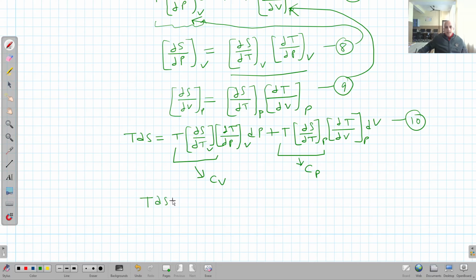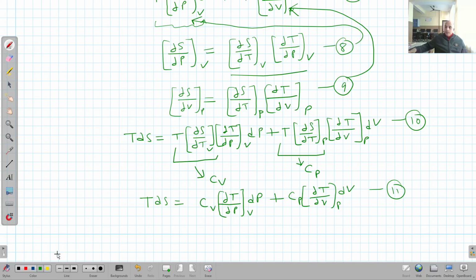Then I will get TdS is equal to Cv curly T upon curly P at constant volume dP plus Cp curly T upon curly V at constant pressure dV. So now this equation number 11, it is the third TdS equation.